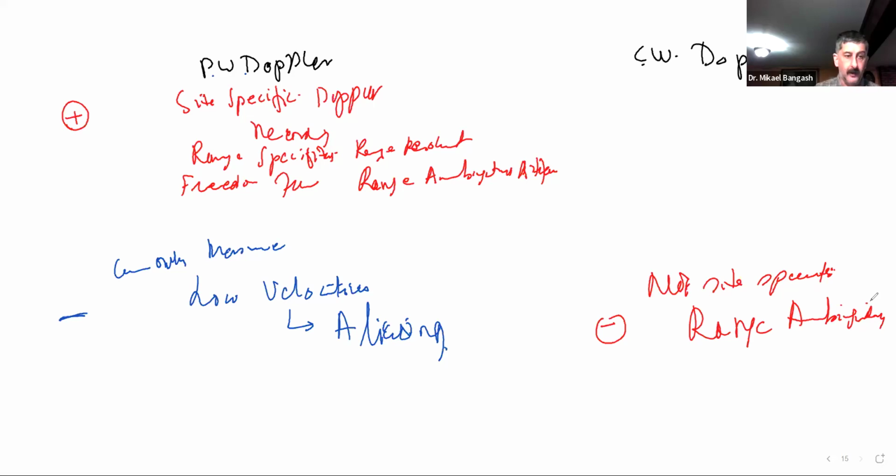Where there was a disadvantage in a pulsed wave Doppler, the opposite of that becomes the plus point for your continuous wave Doppler, which is that it is able to measure high velocities, and due to that, be free from aliasing.